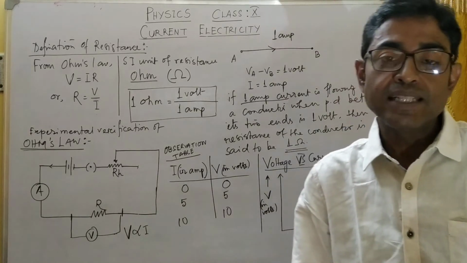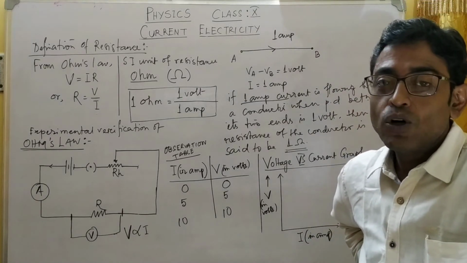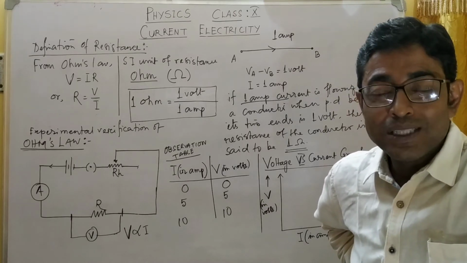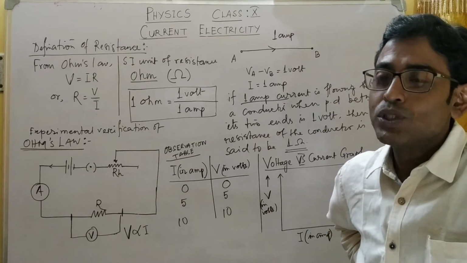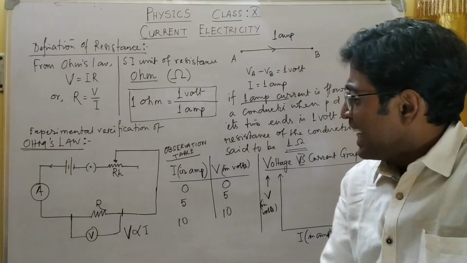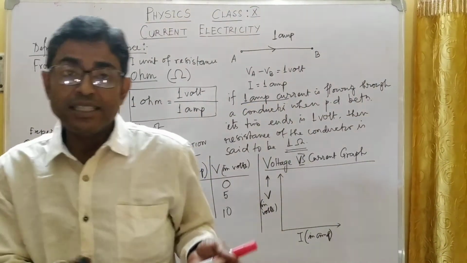There are a few substances which obey Ohm's law. Those substances are called ohmic conductors, and there are a few substances which do not obey Ohm's law. Those are called non-ohmic conductors. So again I am repeating, when you are learning Ohm's law, there are two categories of substances.